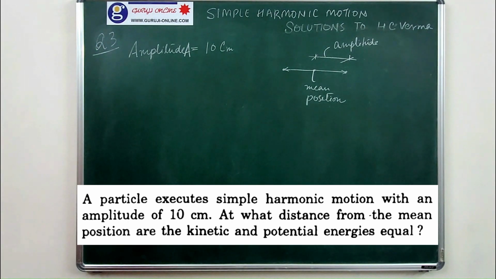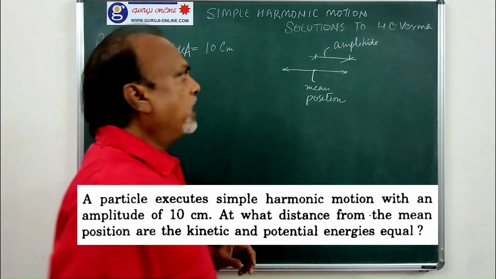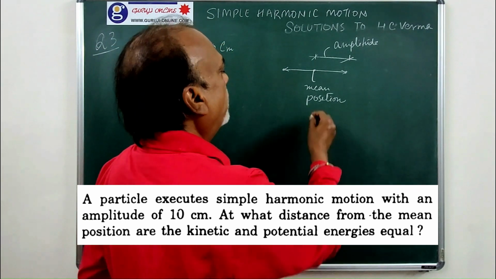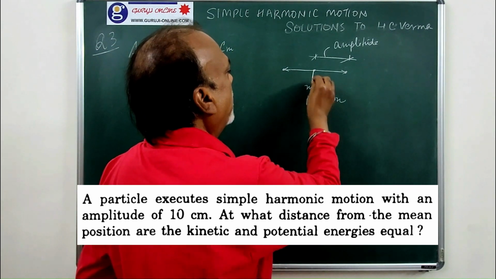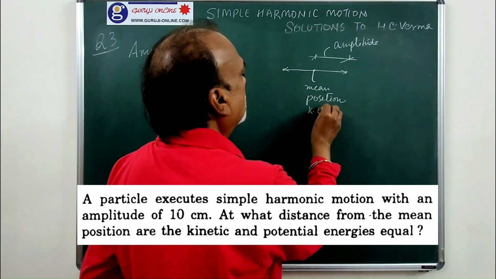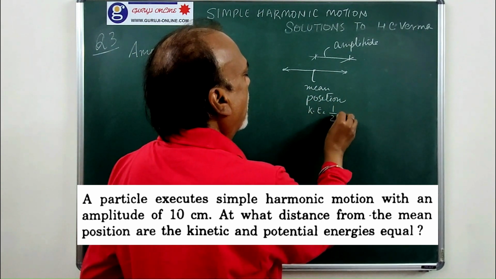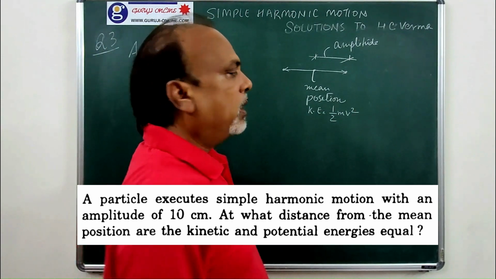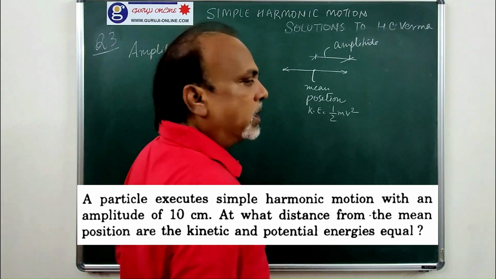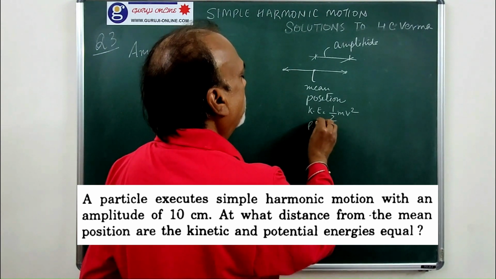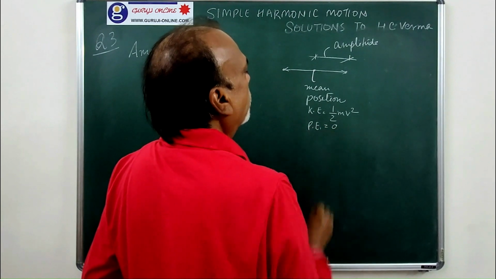Correct. Now, it will have kinetic energy as well as potential energy. And what will be that? Kinetic energy at mean position will be half mv square, because velocity will be maximum here, and of course potential energy here will be 0.